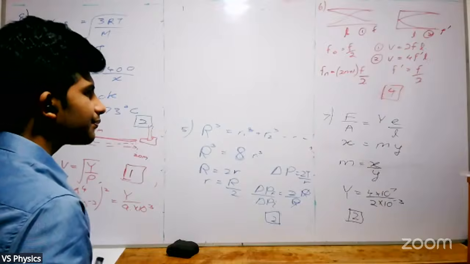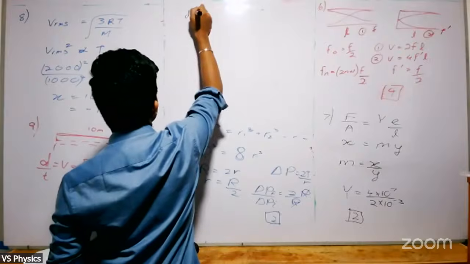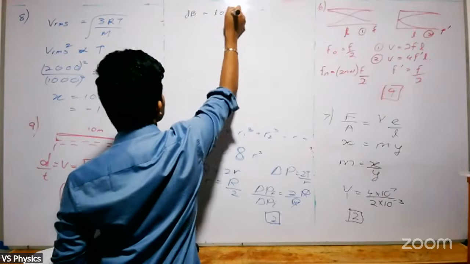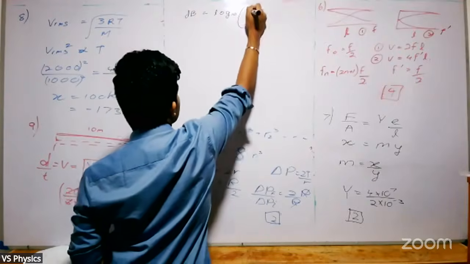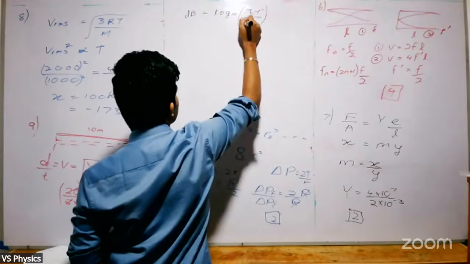How do you find decibels? Decibel is log 10 of whatever value you are going to write, divided by 10 to the power minus 12.